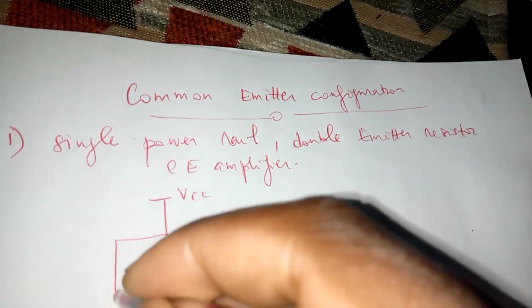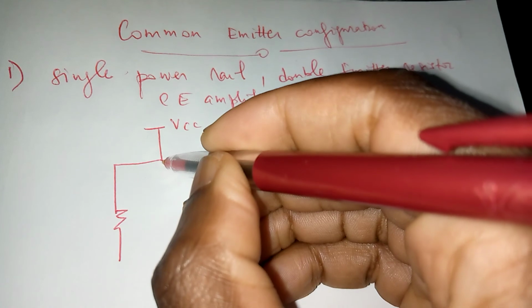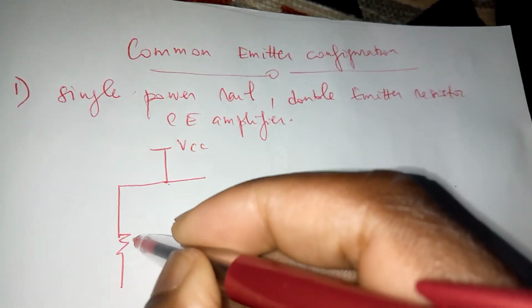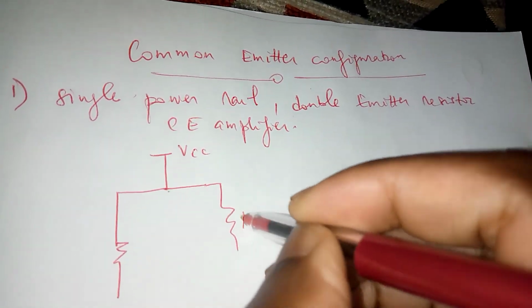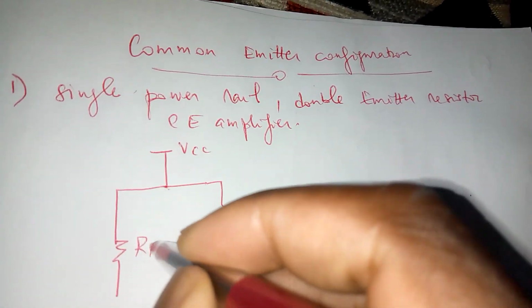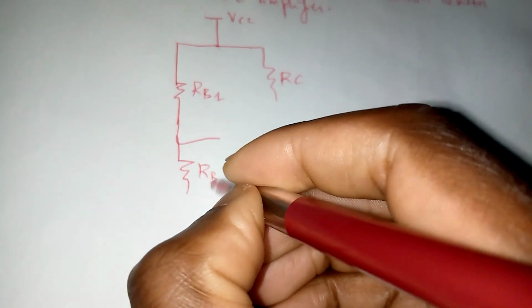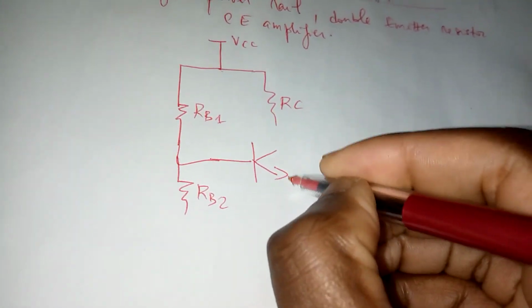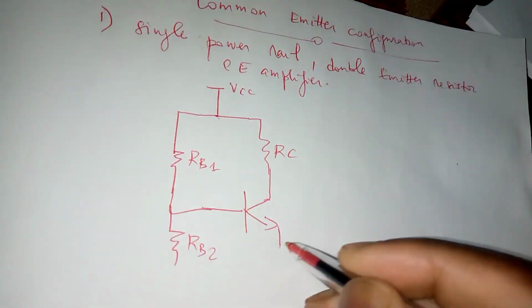and here I'm now explaining what's going on in the notes. Okay, so we've got the power source called VCC, and it's a single one because it's single power rail. We've got RC that side, RB1 on this side, we have RB2 on this side, we have our transistor NPN, for example, and then we've got double emitter.